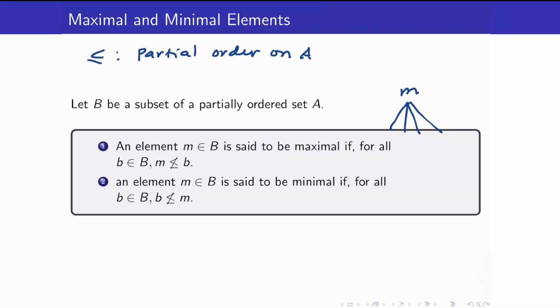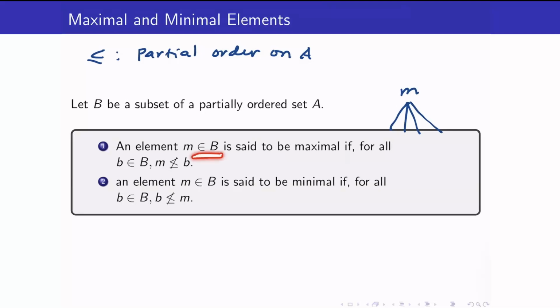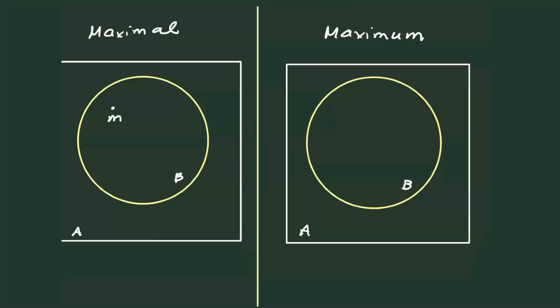Okay. First, notice what's the similarity. The first similarity before we proceed with the difference is that a maximal element has also to be contained inside our set B. So that's why when I drew it here, my M is inside the set B. Similarly, for a maximum element, you have to be inside the set. However, here's the difference.